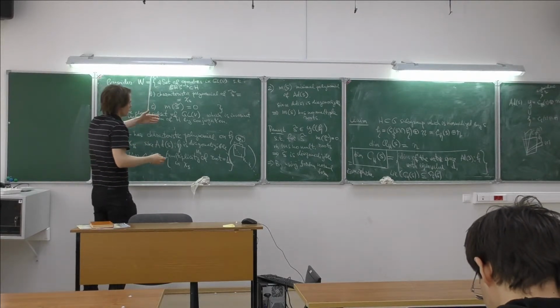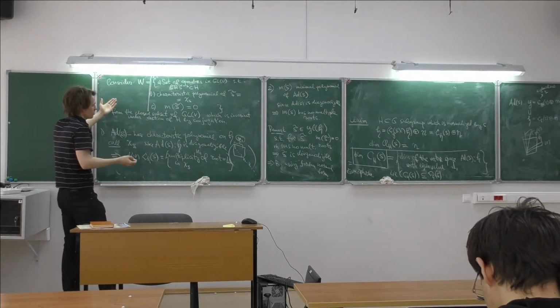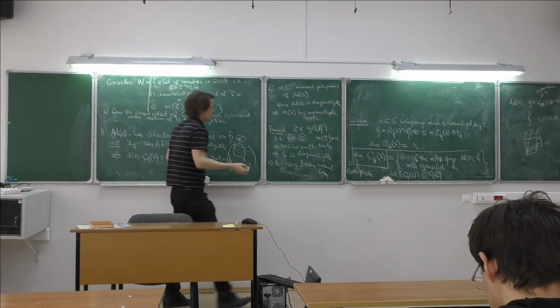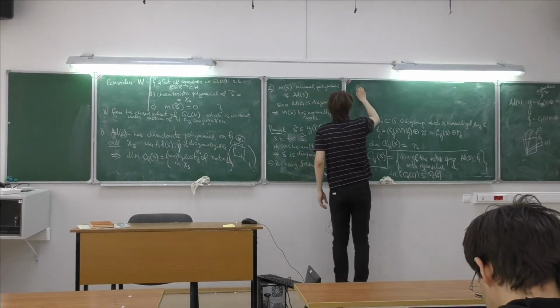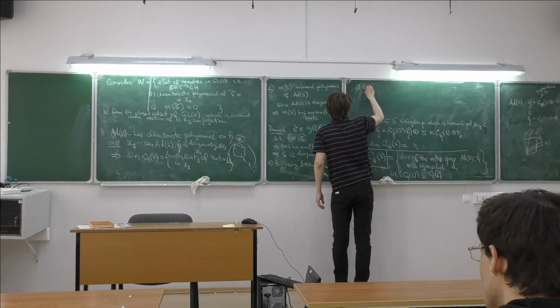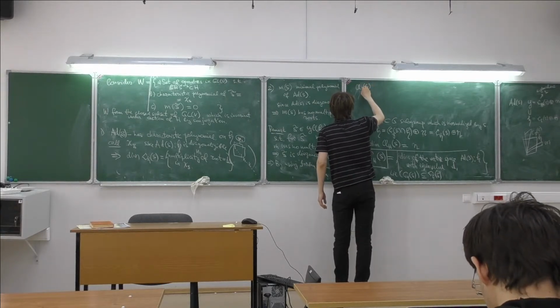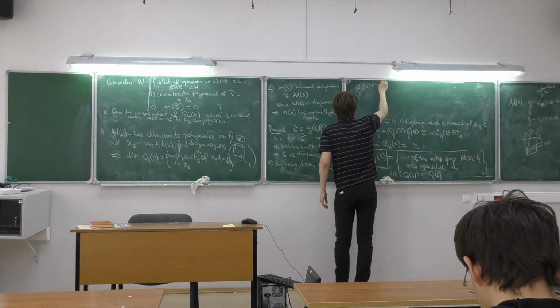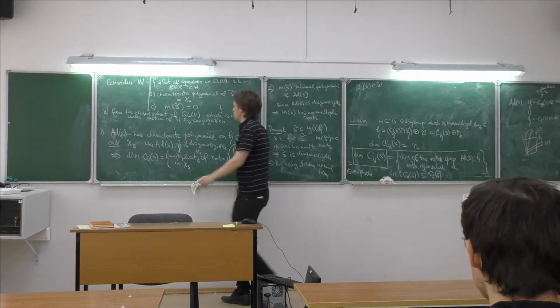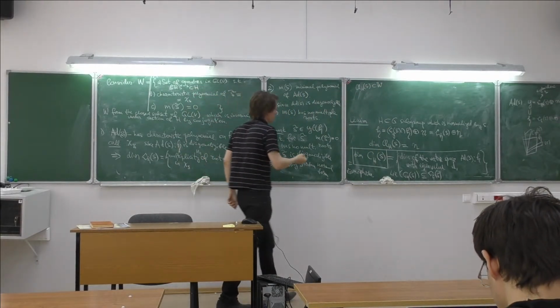But what do we know from this polynomial relation? So we know that the class of our element S belongs to W. So also, what about the characteristic polynomial?